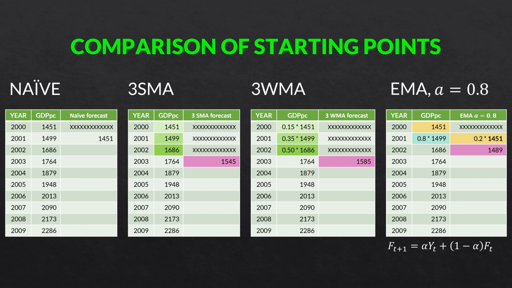Then we take our alpha of 0.8, multiply that by the actual value from 2001, plus the difference, or the dampening factor, of 0.2 times the forecast value of 1451. 0.8 times 1499 plus 0.2 times 1451 gives us our first value in the time series in terms of forecasting of 1489. And then we just continue that process all down the time series.